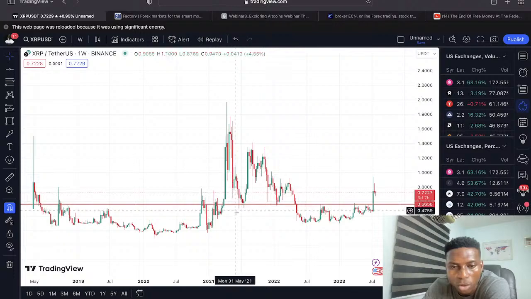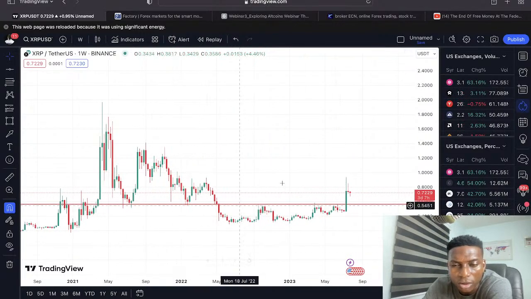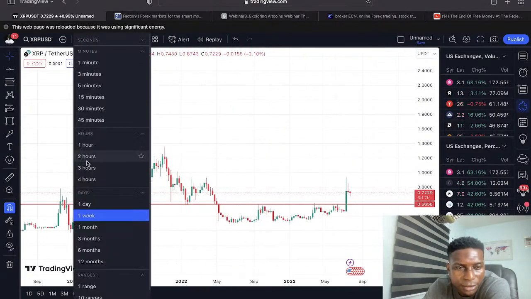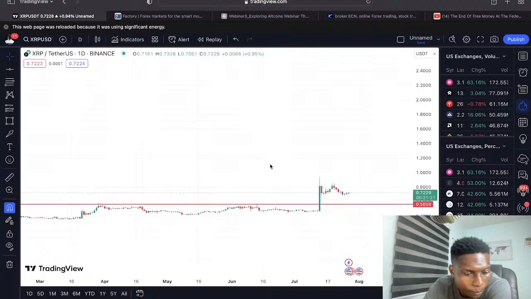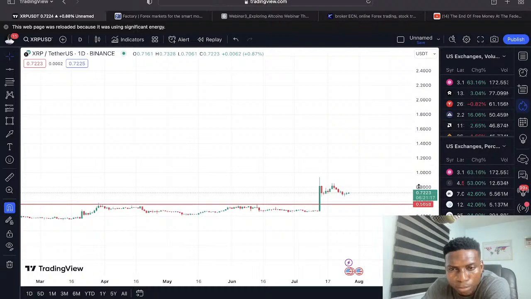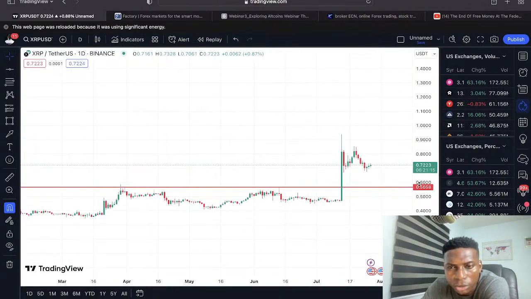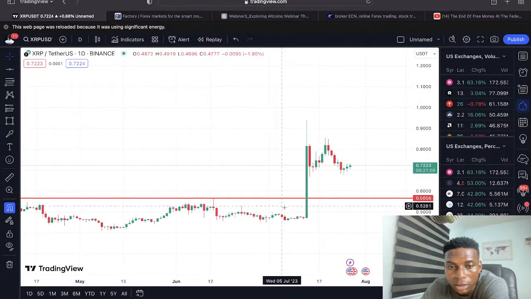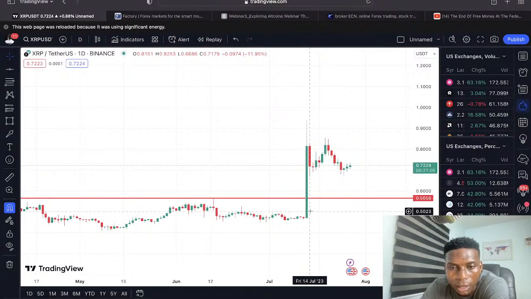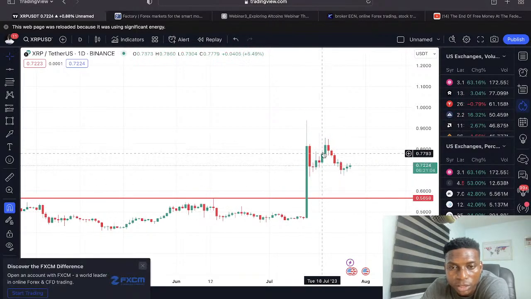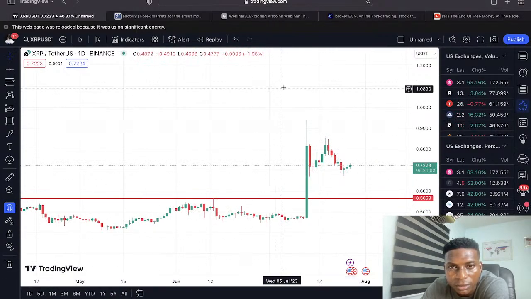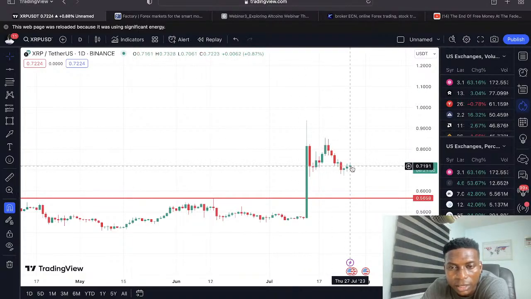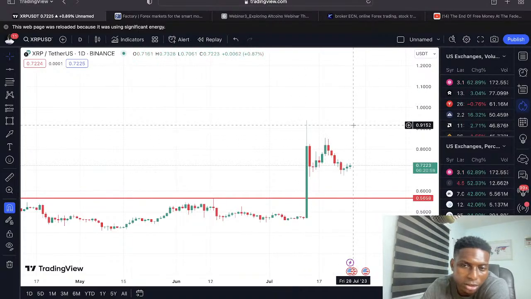All right, so currently let me go to the daily time frame. Okay, good. So currently we can see that the market has broken out of this level, came back to retest here, and is now making other decisions.